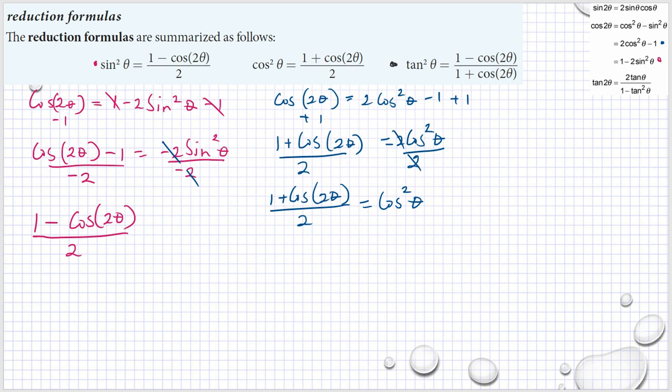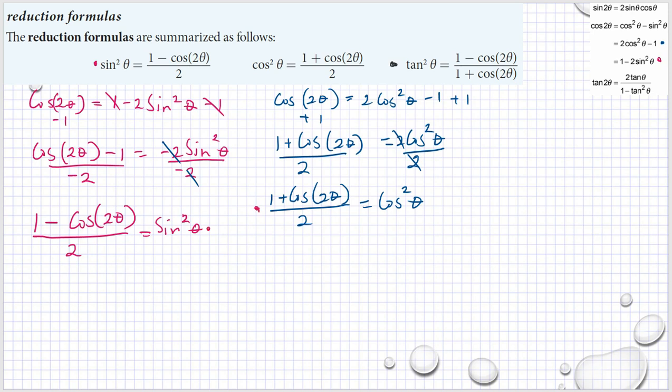As you can see here, this should be equal to sine squared theta. This one is the cosine theta, and this one is the sine theta.